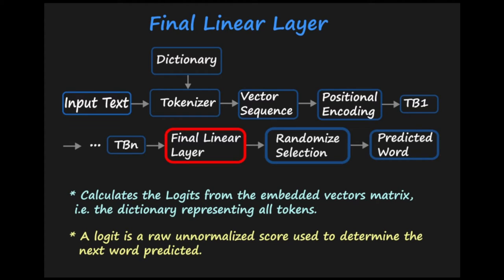The dictionary of embedded vectors, which we looked at earlier, is used here. The dot product of the predicted word with every word in the embedding matrix, aka the dictionary, is taken. Remember, this is the set of all the tokens or vectors in the dictionary, say 50,000 for GPT-3, each a high-dimensional vector.